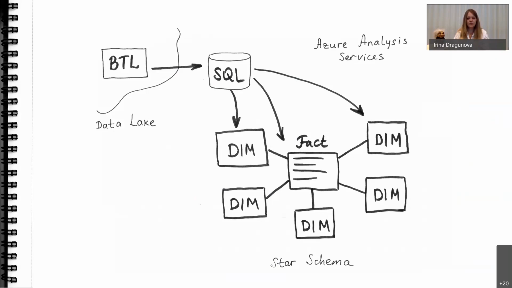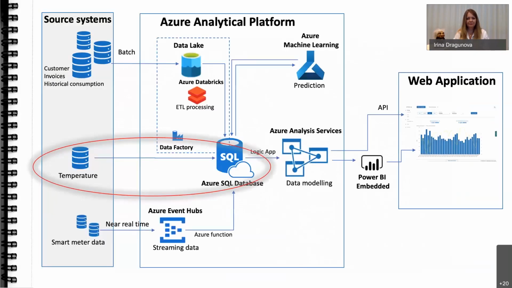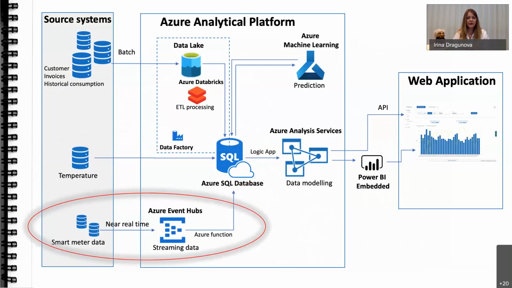Yes, let's go back to our diagram. Some data, for example, weather data, comes directly to the SQL database. And we also get data from smart meters in Germany every 15 minutes. We call it near real-time data.